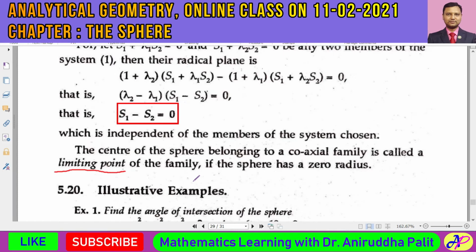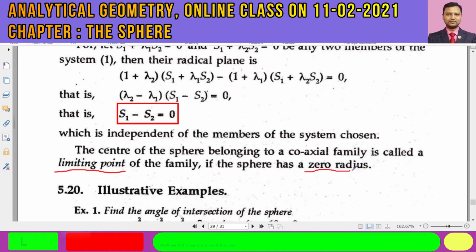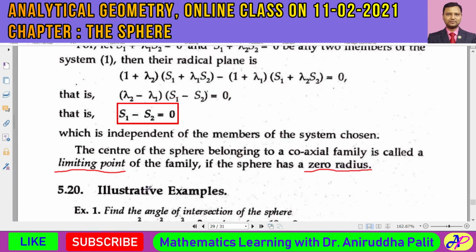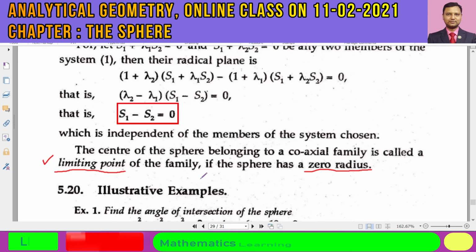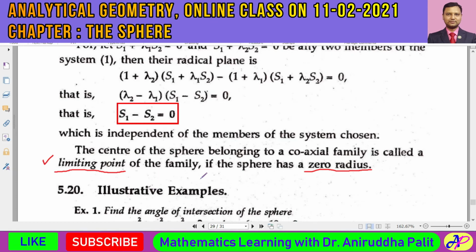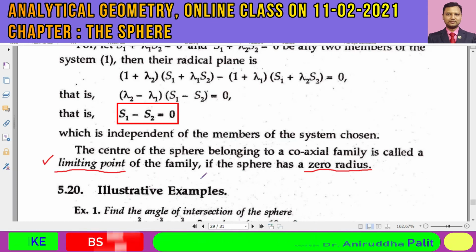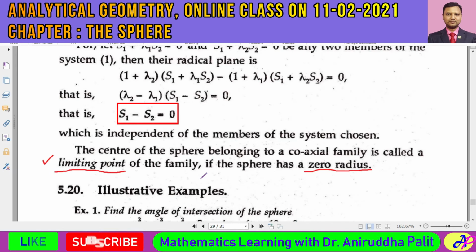They would be point spheres, and the radius would be equal to 0. Such spheres are called limiting points of that family of spheres. So that is the definition of a limiting point in the coaxial system of spheres.